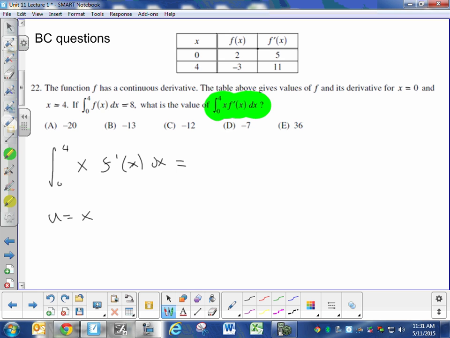UdV, u is x, dv is f prime. If you didn't do that yet, try that now.